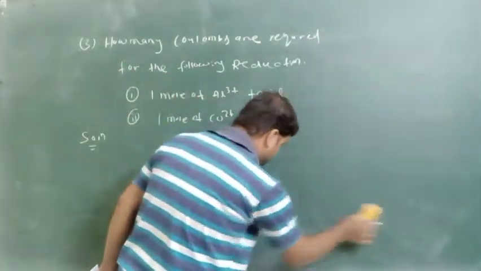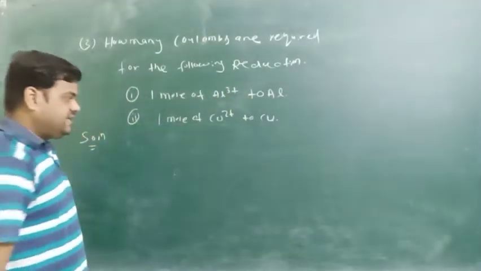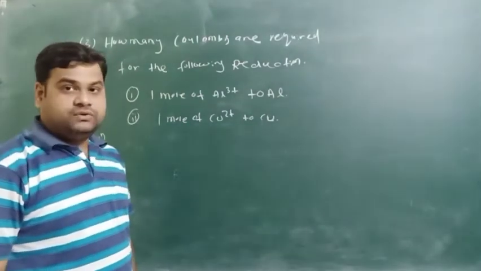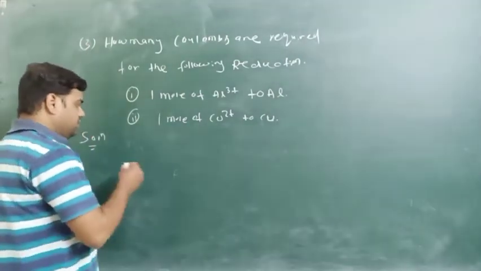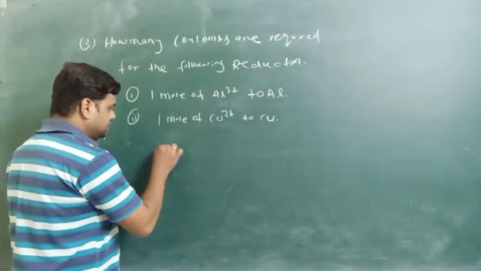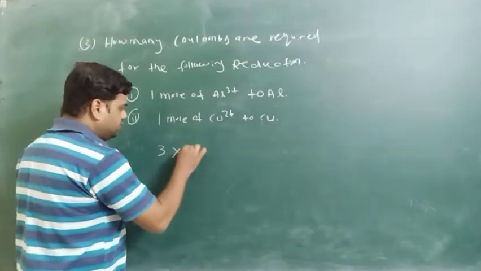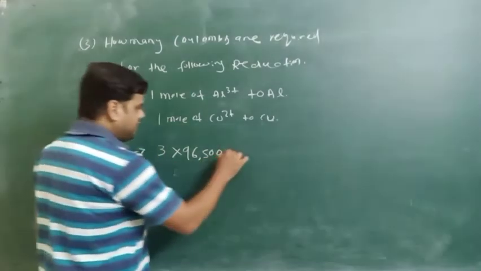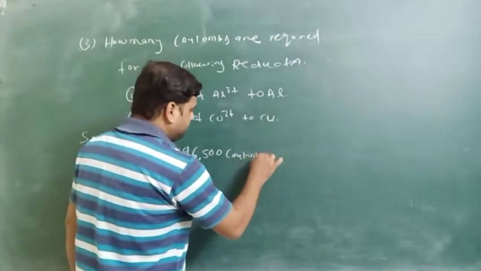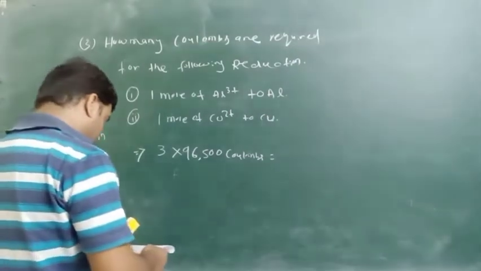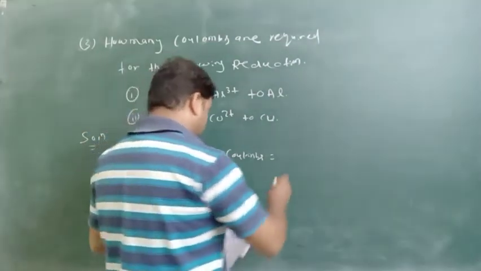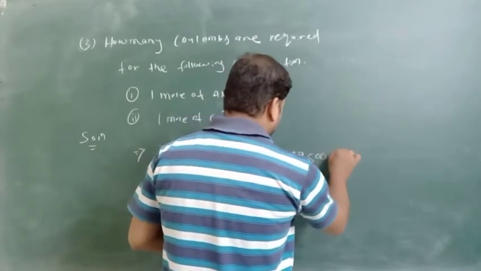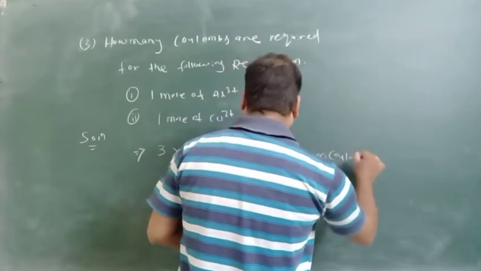For 1 mole of substance we supply 96,500 coulomb to the electrolytic solution. Here, for 3 moles, 3 into 96,500 coulomb, the answer will be 289,500 coulomb.